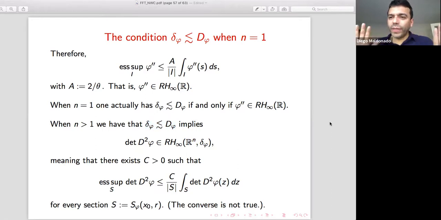So in dimension 1, they're the same. But it's always insightful, because remember that convexity is a one-dimensional condition, meaning that if you have a convex function and you restrict it to a line, that restriction will be a convex function of one variable.